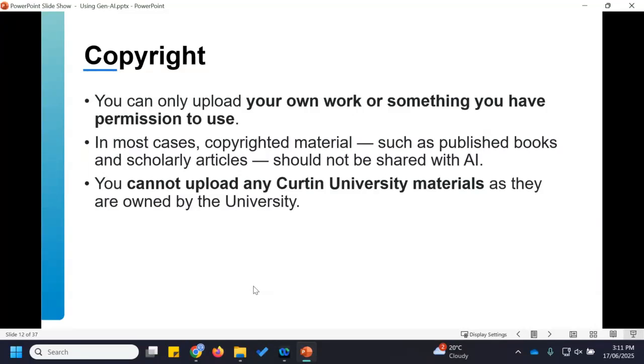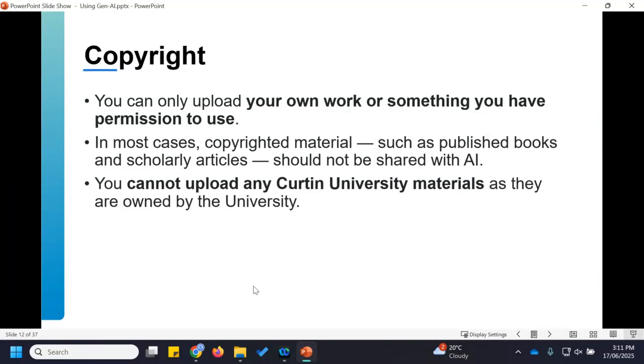So in most cases, copyrighted material such as published books and scholarly articles should not be shared with AI at all. So you shouldn't be uploading a journal article and asking it to summarize it for you because you didn't write that journal article. You cannot just give it to an AI. You also can't upload any Curtin University materials as they are owned by Curtin.